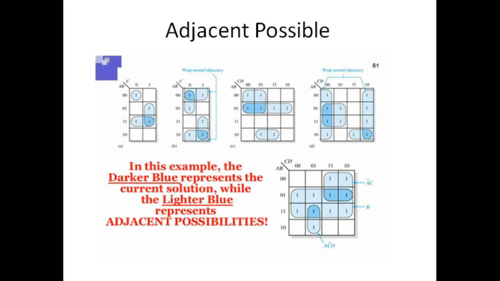And as you can see in each one of these squares, we have a darker blue circle that has lighter blue circles attached to it. Those represent the other ideas that could be combined with the primary idea to create an entirely different solution. So in this way you can get an idea of how adjacent possible really works.